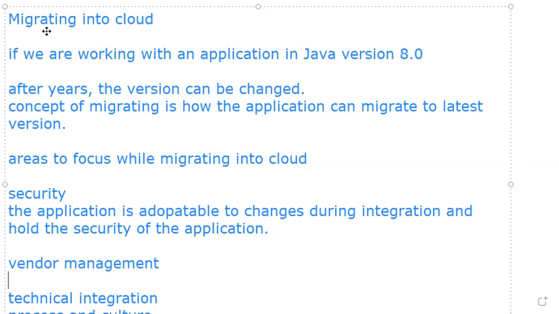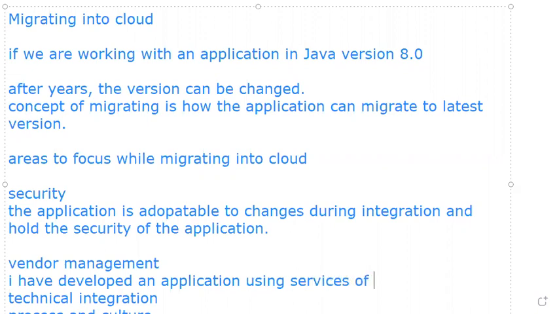See an example. I have developed an application using the services of vendor one.